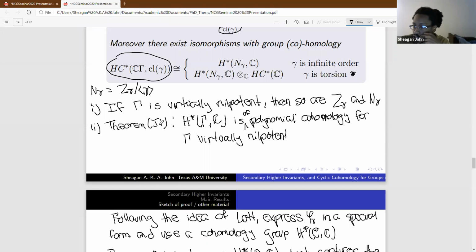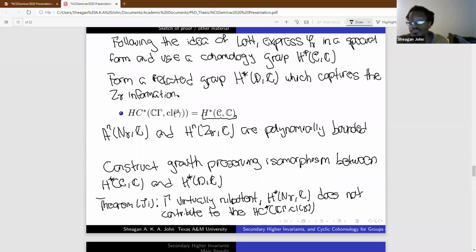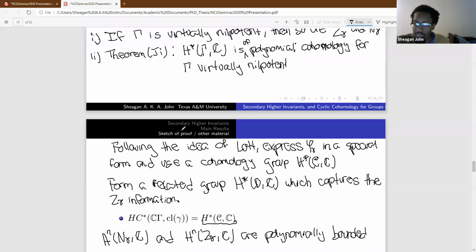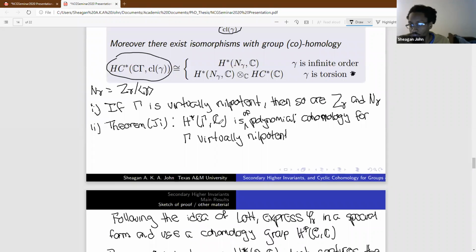I can't use Connes-Moscovici's result that we have polynomial cohomology. And notice that this result uses the entirety of gamma. It's not specific to any one conjugacy class, but in the proof of showing that even one conjugacy class was polynomially bounded, I needed to use the full might of this result.